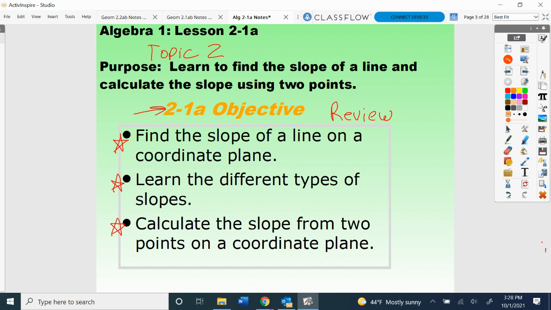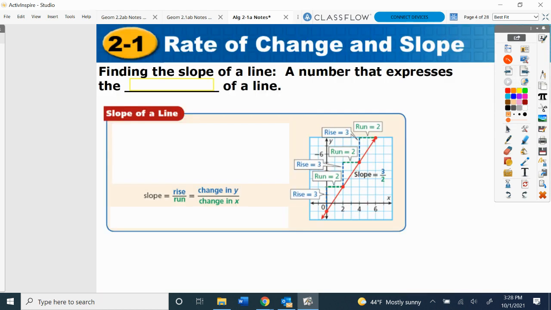Okay, so first let's go take a look at exactly what slope is. Okay, so when you're finding the slope of a line, the slope is just a number that represents the steepness of a line. Okay, so here we have this line over here on this graph. So we just want to know how steep that line is.